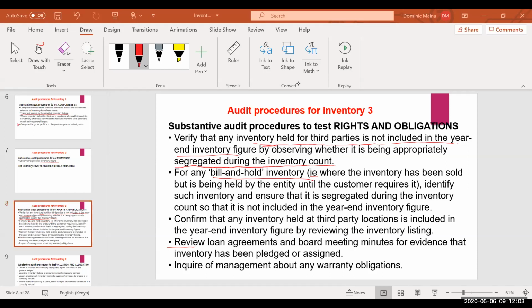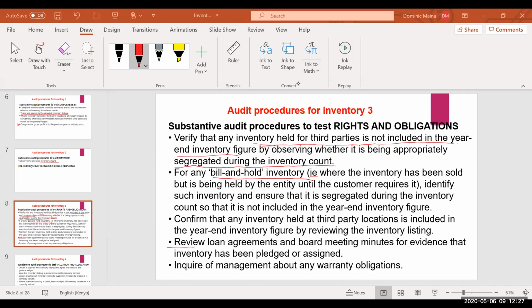But what normally happens is that the floating charge becomes a fixed charge. It crystallizes to a fixed charge. And now the bank can dispose of those inventory to repay themselves.